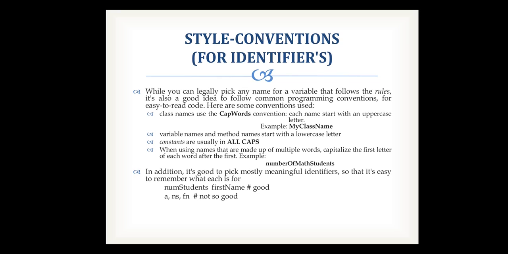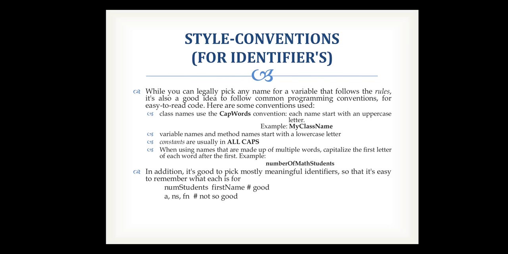Now see here the different conventions of writing the code. Here the class name uses the CapWords convention. Each name starts with an uppercase letter. For example, here is MyClassName.